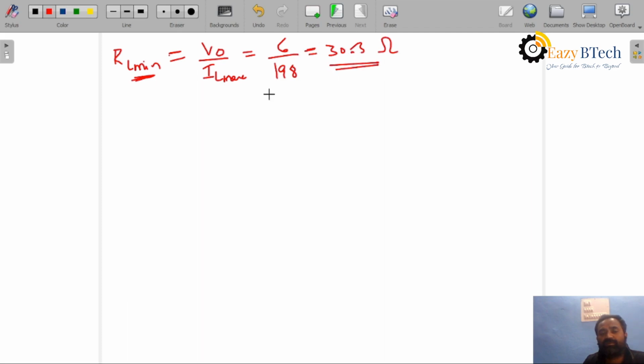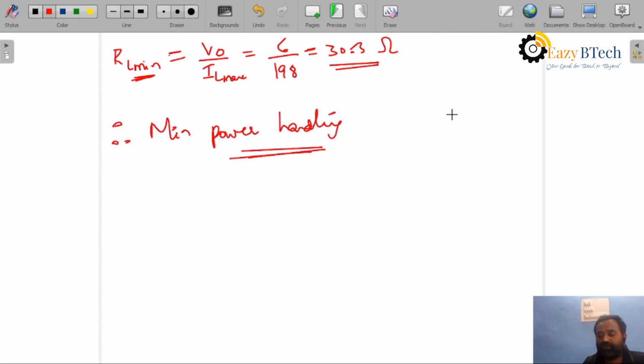Now if you want to find the maximum power handling through the diode, first we need Iz max.